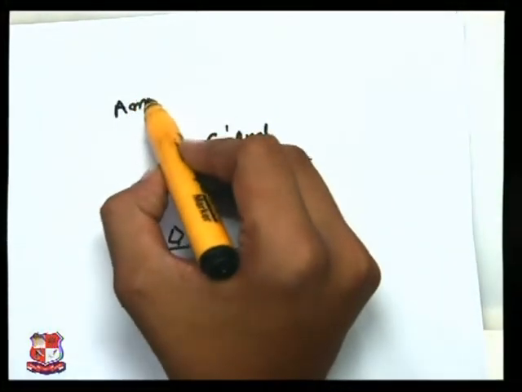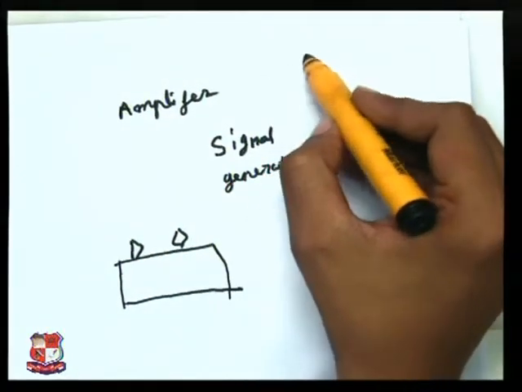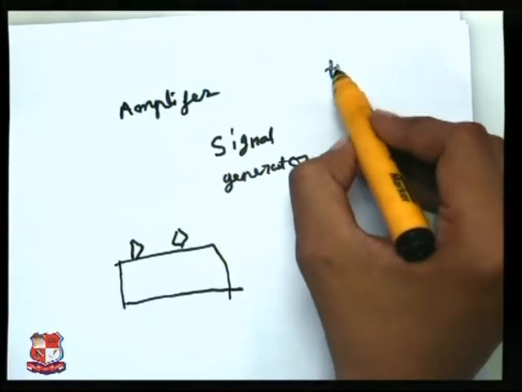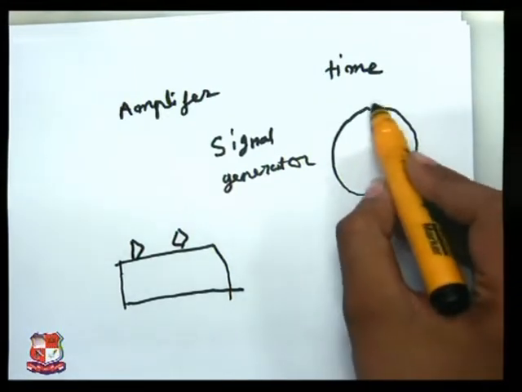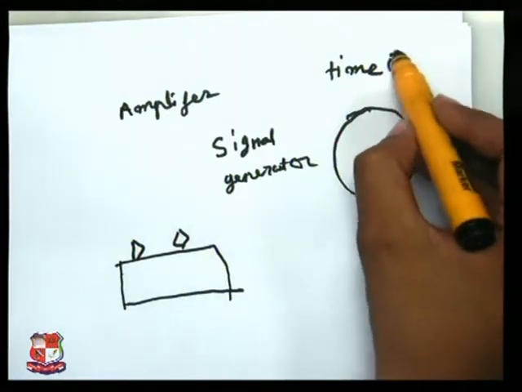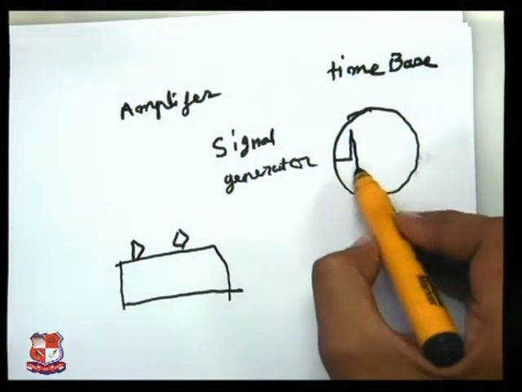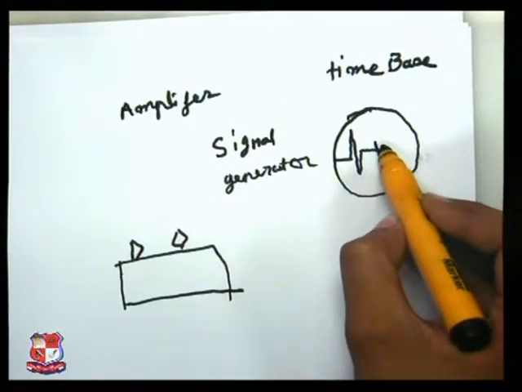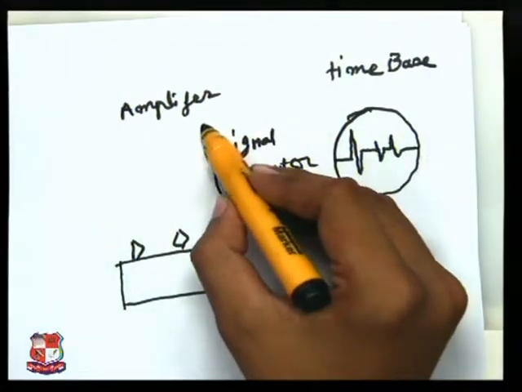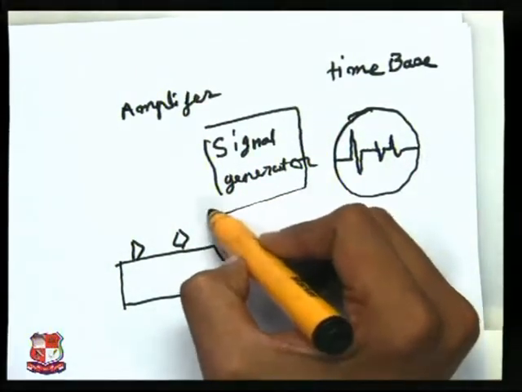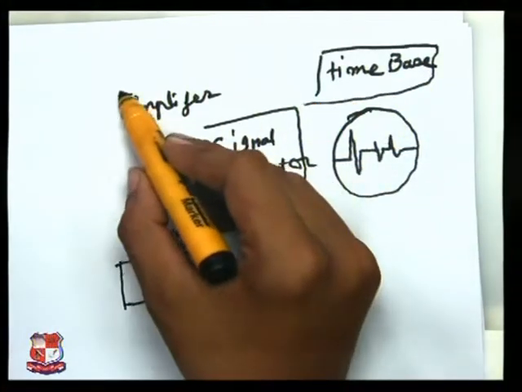Here is an amplifying circuit, or amplifier. Here is the time base circuit. And you can observe that waveform. That small one is the defect. Signal generator, time base, amplifier.